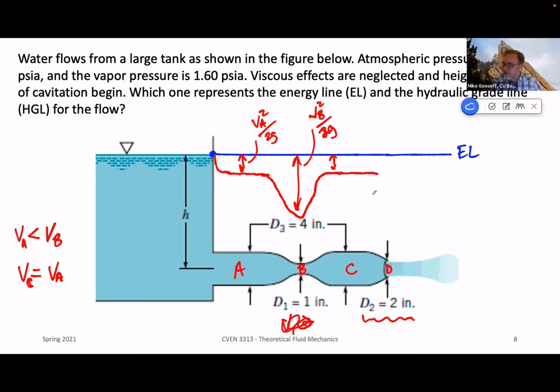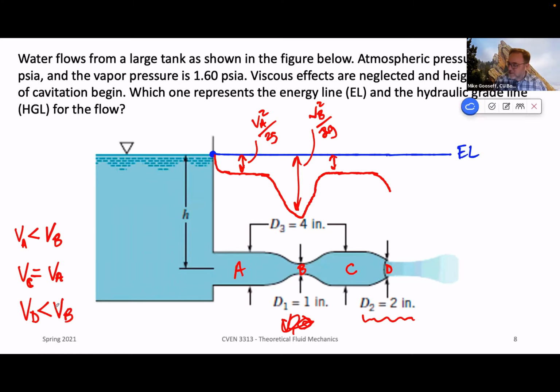And then what happens here? Now I get to another place where I have another constriction and I get down to this sort of 2-inch diameter. What happens here is we just drop off, and I'm just sort of estimating that to be less than this total change, right? The velocity VD is less than VB in this case, right?